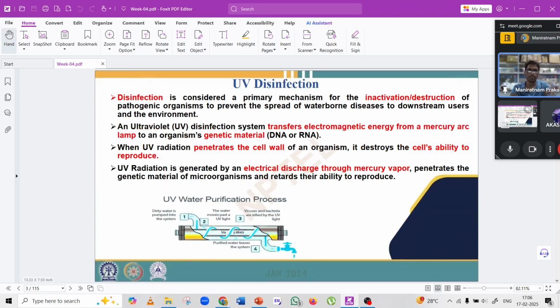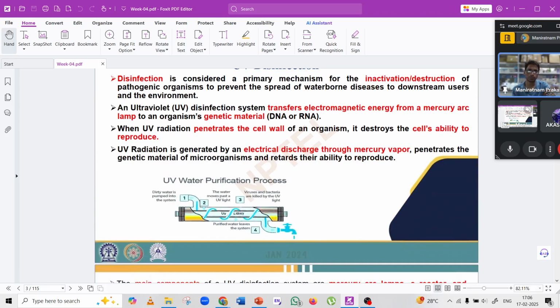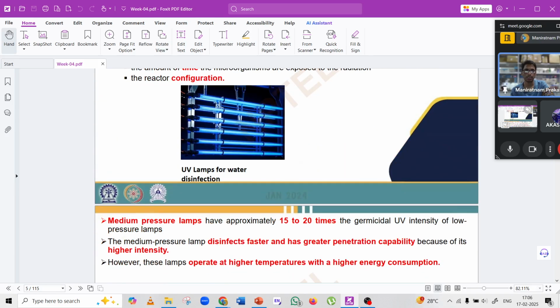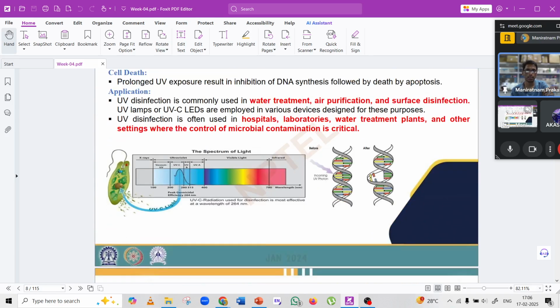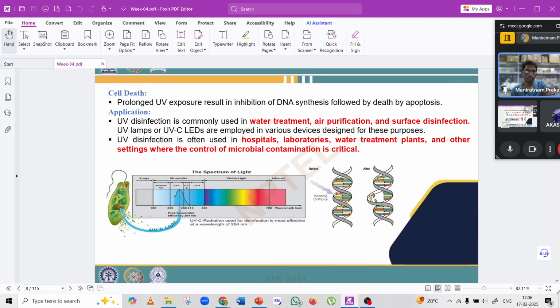You can see that UV light was passed through the water, and here pathogens are killed. How are pathogens killed? Their DNA is damaged. You can see there is some rupture inside the DNA connections, I don't know the technical terms, and we kill the pathogens with the help of UV.